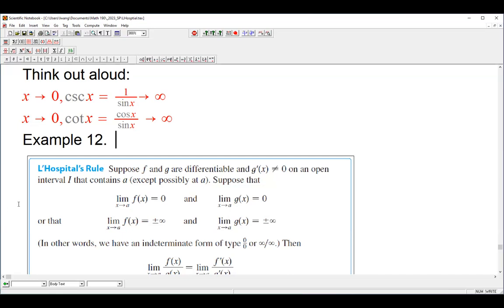We have a limit situation. This limit situation is actually rather interesting.